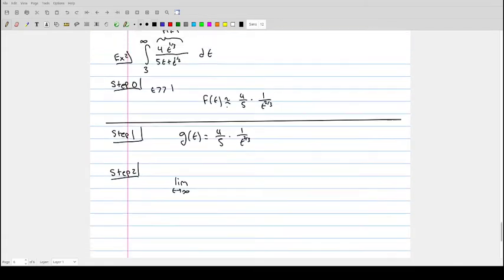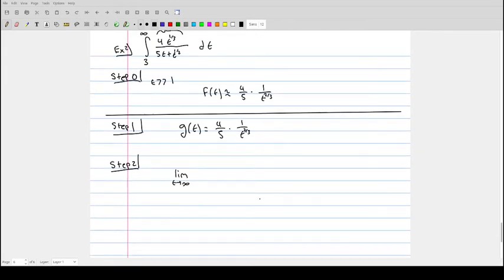So you remember, f of t is just this 4t to the 1/3 over 5t plus t to the 1/2, over 4/5 times 1 over t to the 2/3.